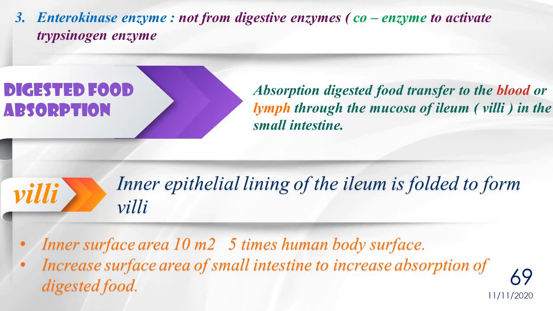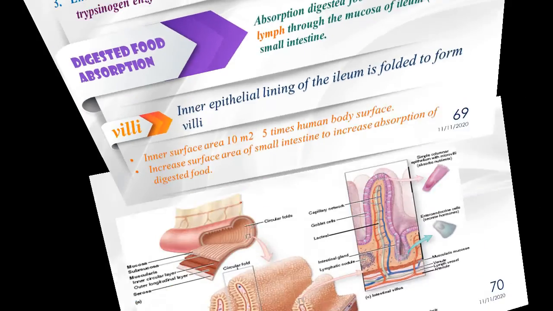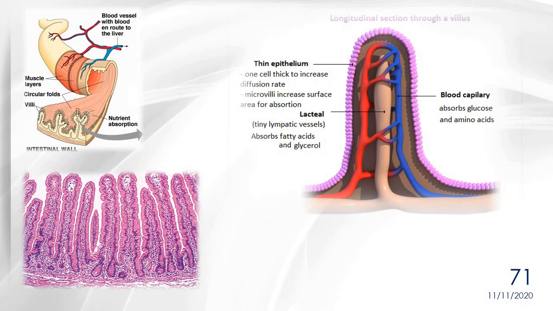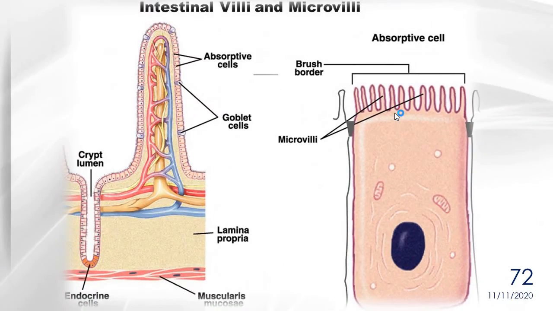That increases the surface area of the small intestine and the absorption of digested food. Villi have two ways, maybe the blood capillaries way or the lymphatic way. Here we have intestinal villi and here we have microvilli to increase the absorption process.